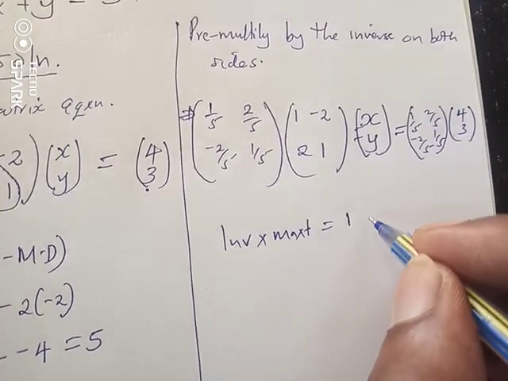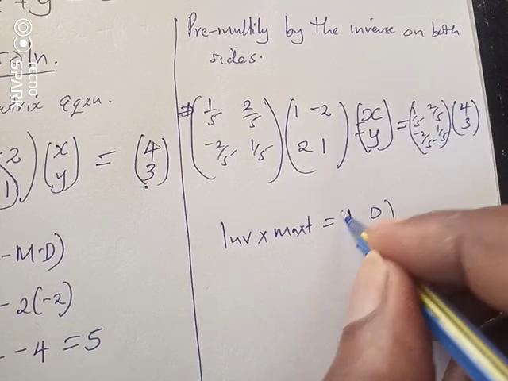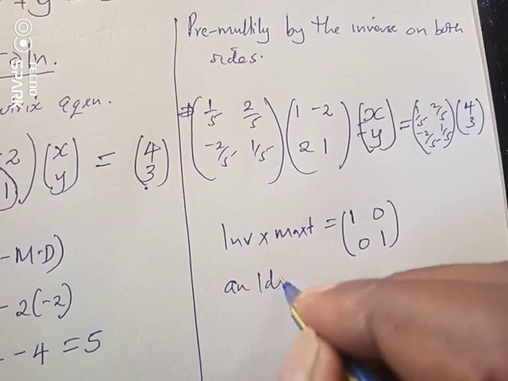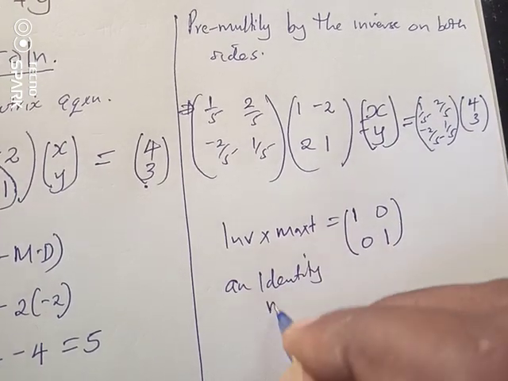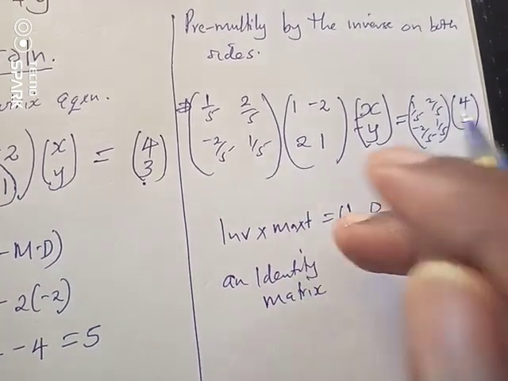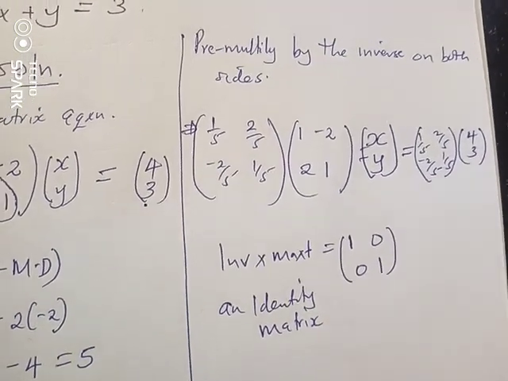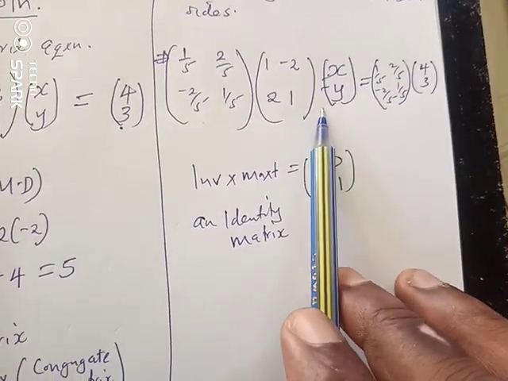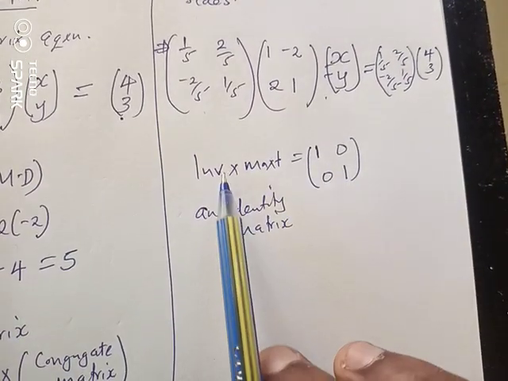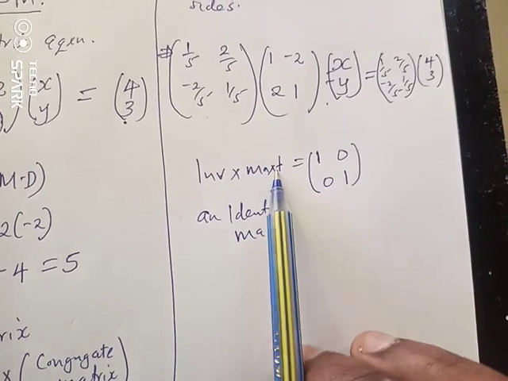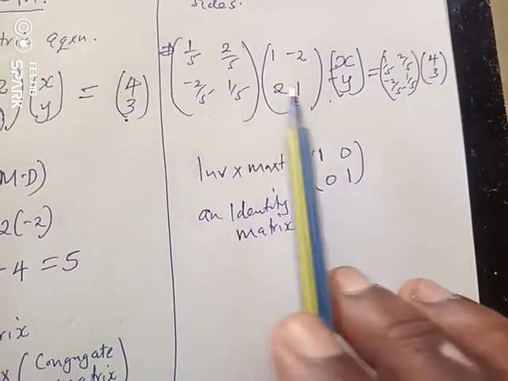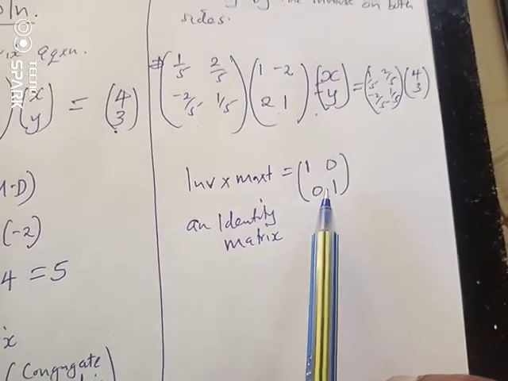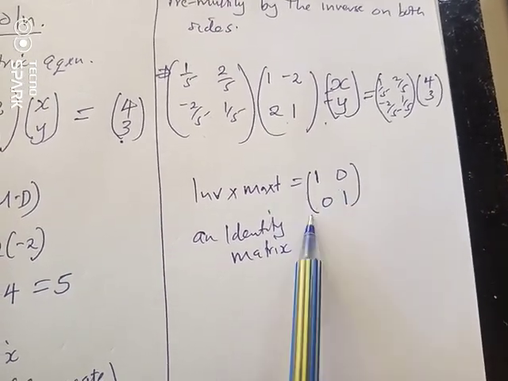That is 1, 0, 0, 1. It is an identity matrix. So on the left side, we are not going to do it. It is taken care of by this law, that when we multiply the inverse of a matrix by the matrix, we get an identity matrix, which is usually 1, 0, 0, 1.